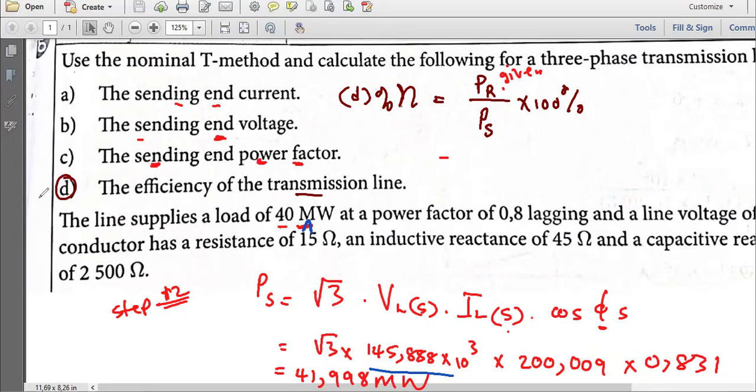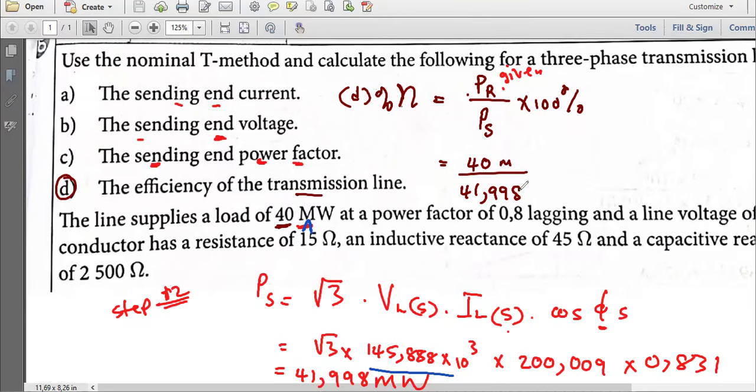Substituting these values, remember, the receiving end we are already given, that was 40 megawatts, over the sending end also in megawatts.